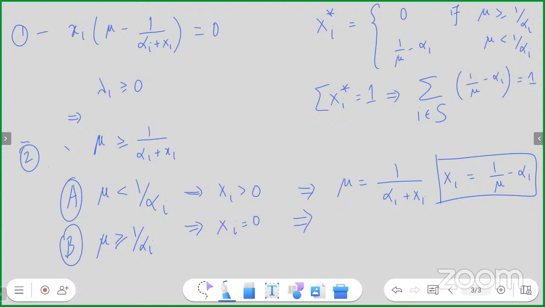What is the set S for which xi is non-zero? Now I'm increasing the constraint. Will I get S larger? Let's call it S1. Will S10 be larger than S1? Will S10 be smaller than S1? This will be the same, right? Same. Why? Because S depends on mu.